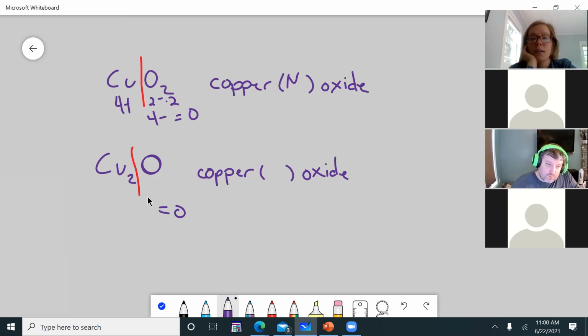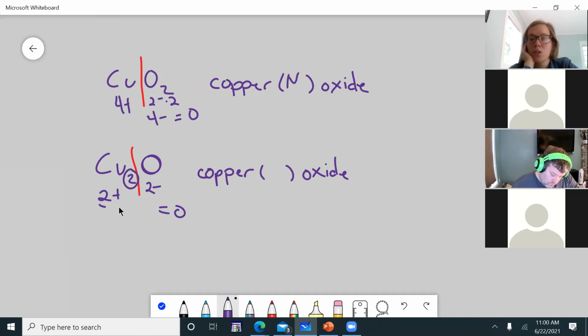Okay, this next one down here is a little bit trickier. How many oxygens do I have? I only have 1, and oxygen always has a 2- charge, right? So this is an overall 2- charge. That means that this side over here has to be a 2+ charge. But how many coppers do I have? I actually have 2 coppers.